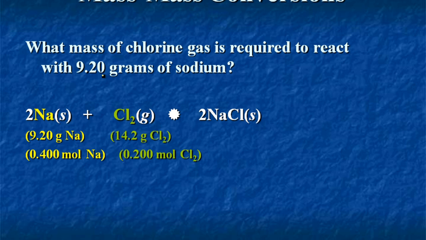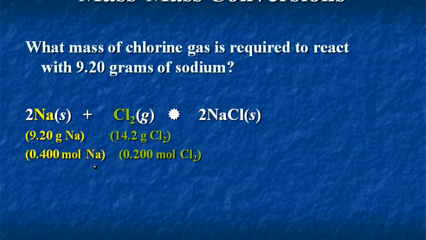The moment you see mass is given in the problem, convert that to number of moles using the molar mass of the substance. You can only do the conversions between number of moles. So you started here with 9.20 grams, you converted that to moles using the molar mass of sodium.